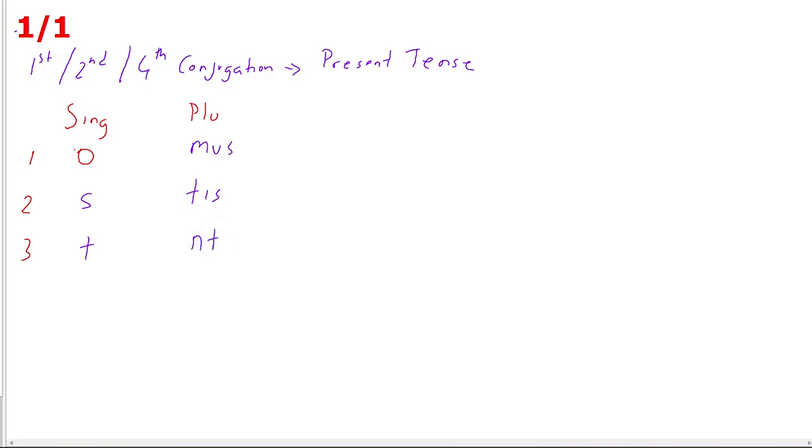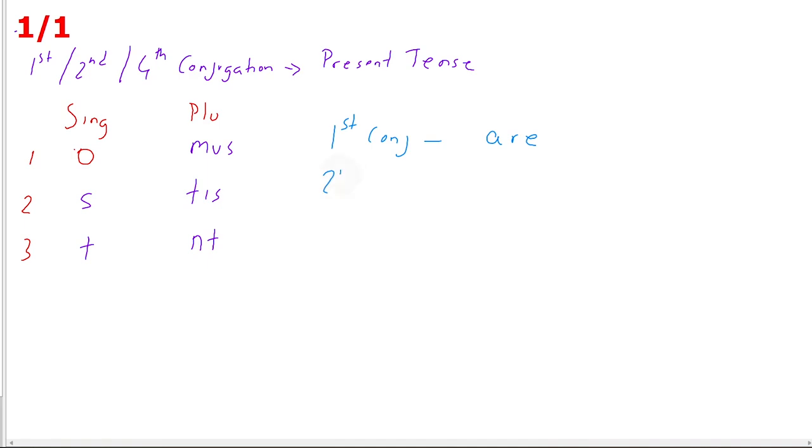And therefore we see that in the first, second, and fourth conjugation, we had clear indicators in order to decide whether it belonged to the first, second, or fourth conjugation. For example, we know that the first conjugation had verbs ending with ARE.